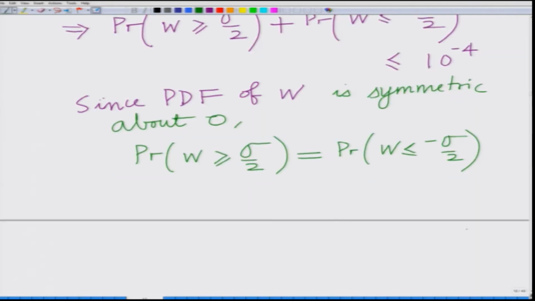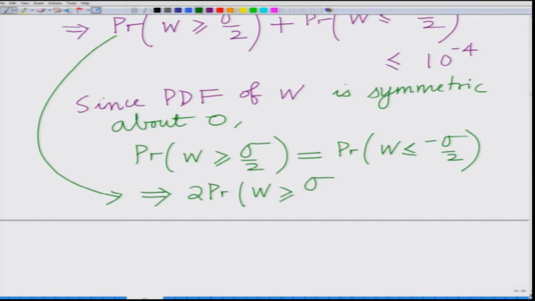Therefore, we can simplify using this property: twice the probability that w is greater than or equal to sigma by 2 has to be less than or equal to 10 to the power of minus 4.